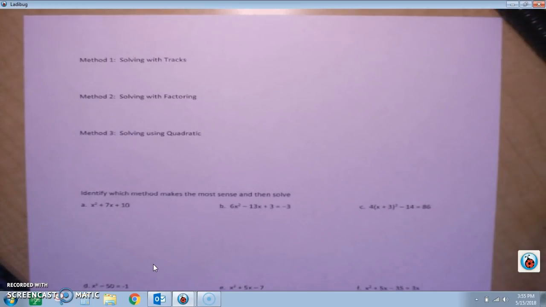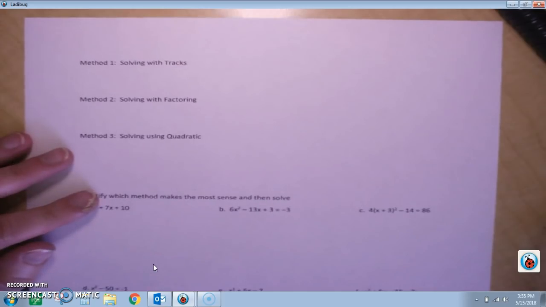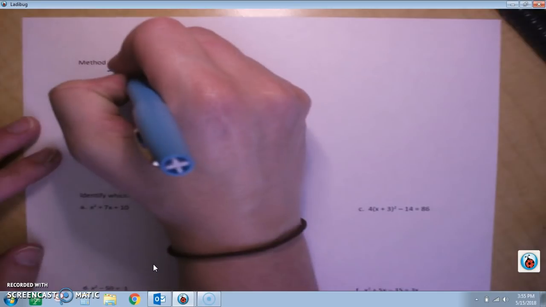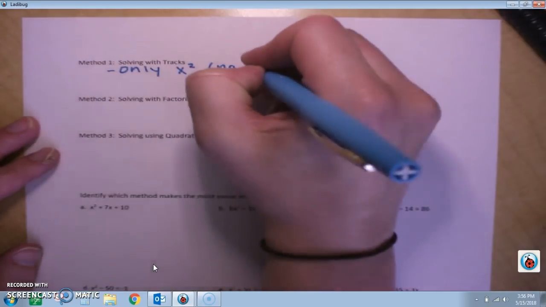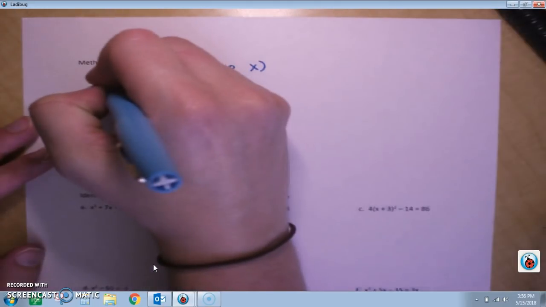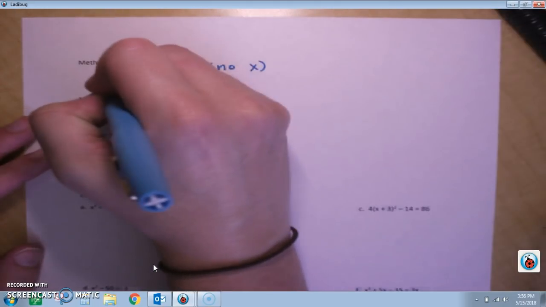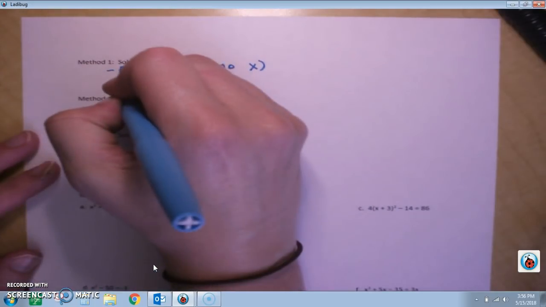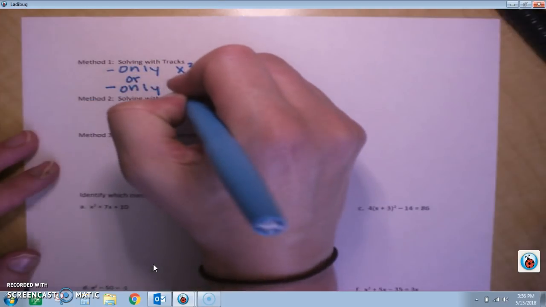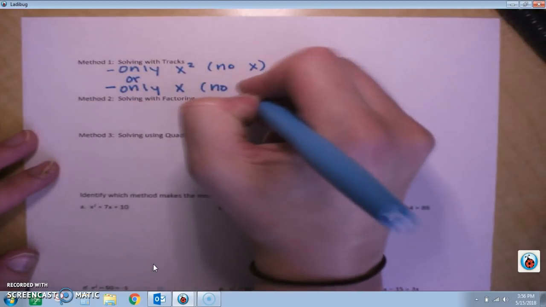So method 1, solving with tracks, the time that you would do that is when there's only an x squared with no x term, or if there's only an x term, no x squared.